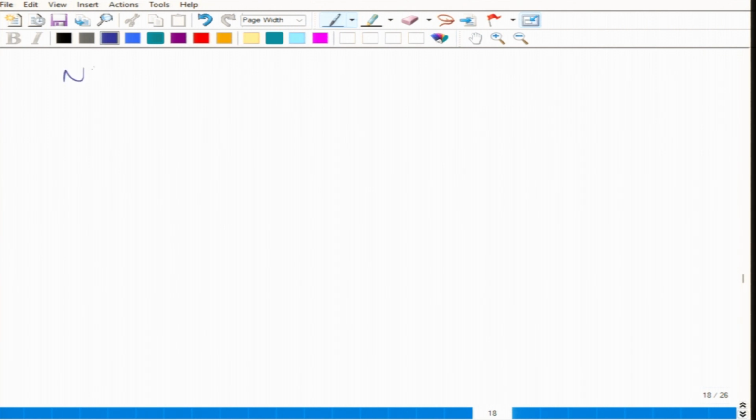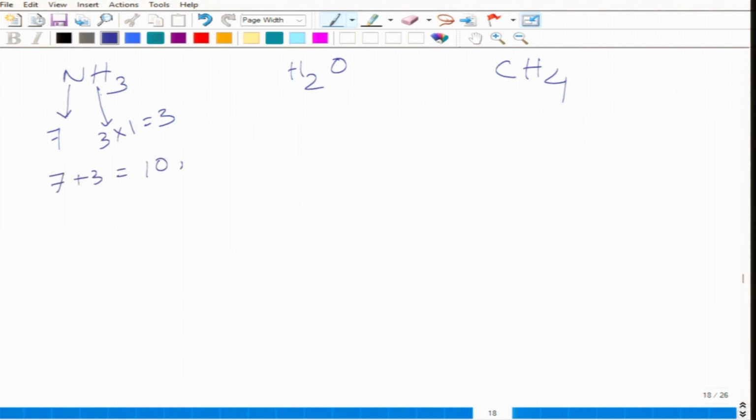Similarly, ammonia NH3, water H2O and methane CH4. They also have equal number of electrons. How? Nitrogen had 7 electrons and hydrogen has 1 electron. There are 3 hydrogens, so 3 electrons. So, the total is 10 electron.